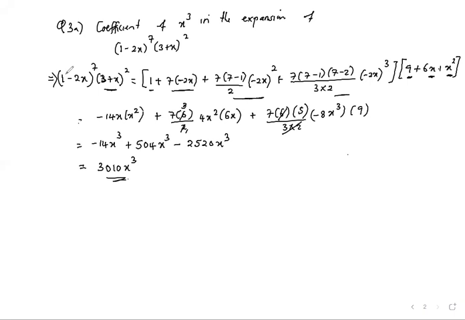Why is it that we're not expanding (3 plus x) squared the same way we expanded (1 minus 2x), as in using this formula? Why are we using different formulas? Why aren't you expanding (3 plus x) power 2 using the formula?